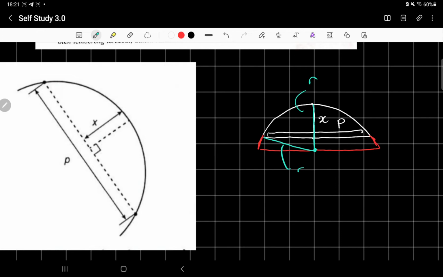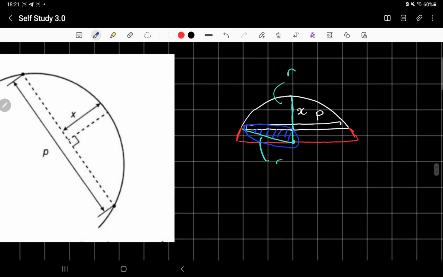Okay, so now we have a strategy. Let's use another color, blue. As you can see over here, this shaded region looks like a right angle triangle. So let's draw one. Let's extract the information and put it here.